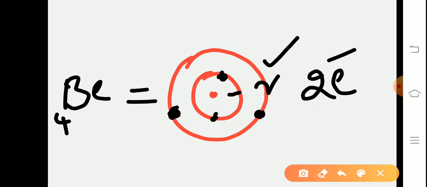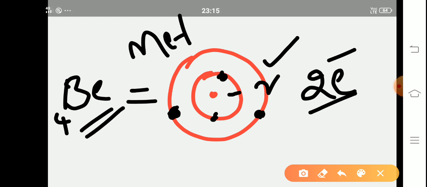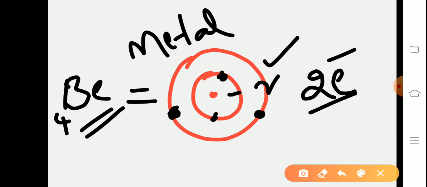What I told: the elements with 3 or fewer electrons in the outer shell are considered to be metal. So 3 or less, 2 is yes. So beryllium is considered to be a metal. Understand? Because there are 2 electrons in its outer shell.